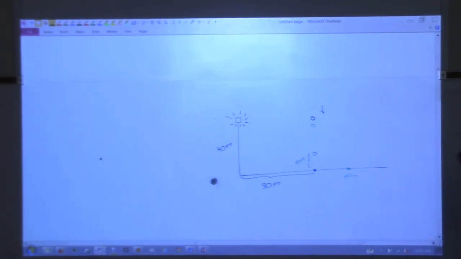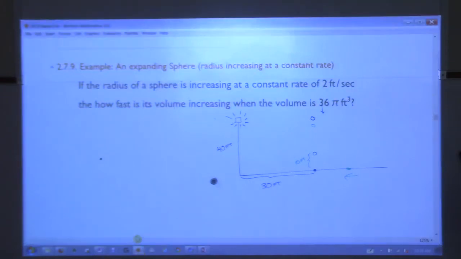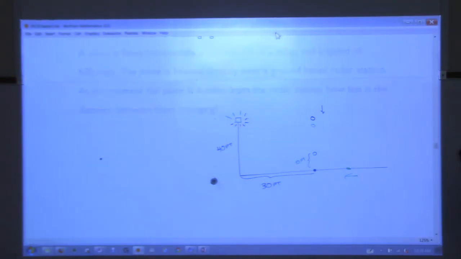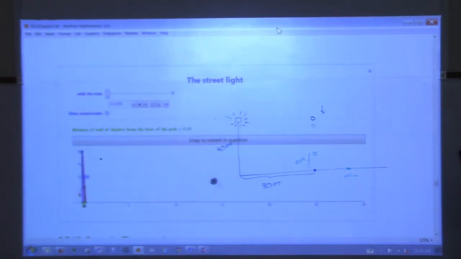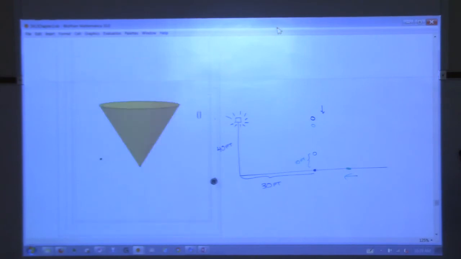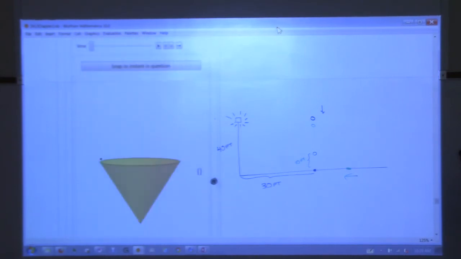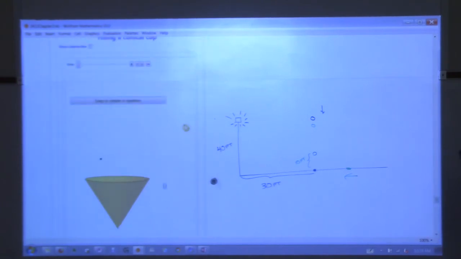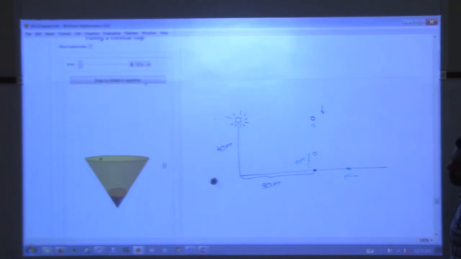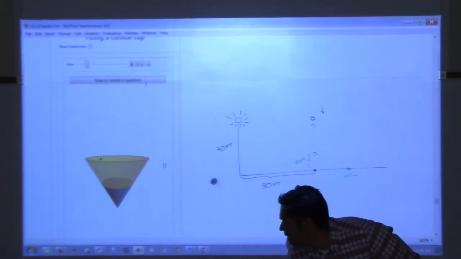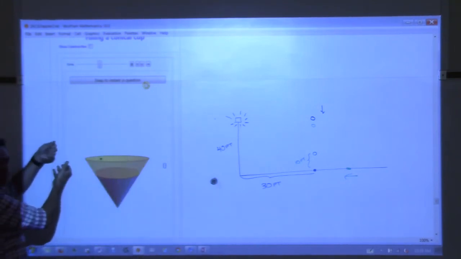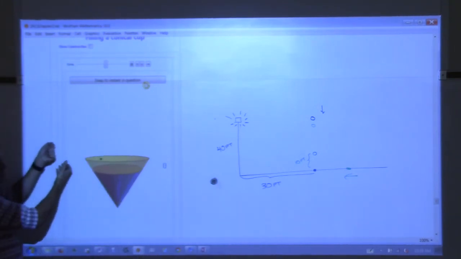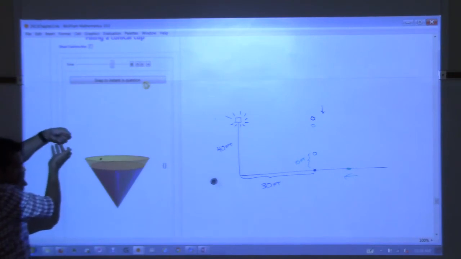And since y'all liked that, let me scroll down here to one of my favorites. There's a street light one. Okay. There we go. You have a cone that's being filled with water, and this water is being poured in at a constant rate.